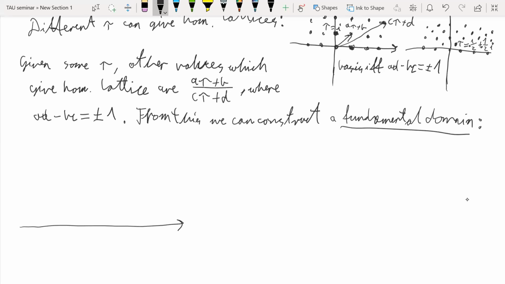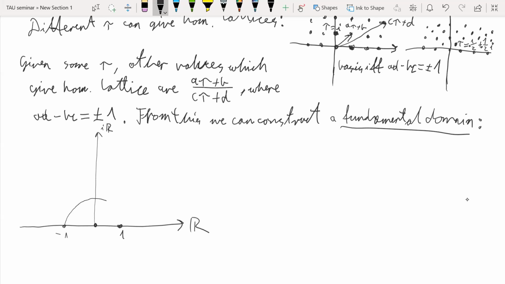So this is the real line. Here it is going to be the imaginary line, iR. Here I am taking 1, and here's -1.